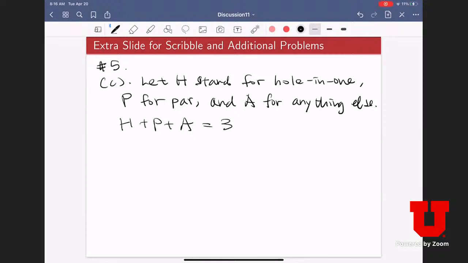And then we have another restriction that we want to make sure that our P is greater than H. All right, and now what are the cases in terms of the number choice of P, H, and A?